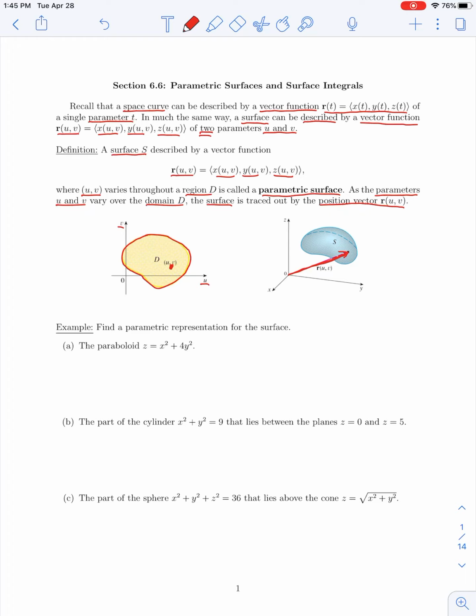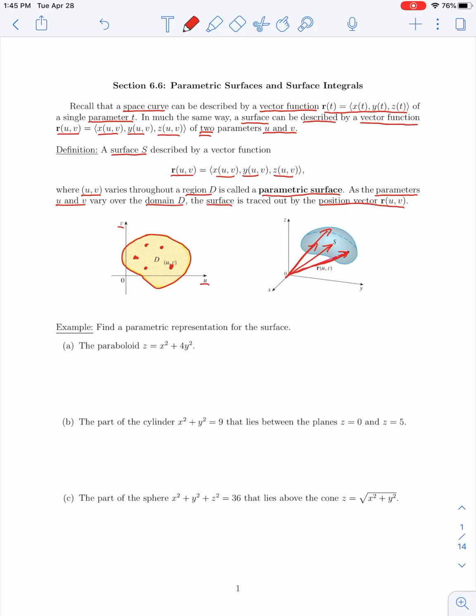So as I choose different points in this domain D, and I draw out the different position vector representations for the vectors I get by plugging those points into my vector function, I get different points being traced out over a surface S. So these parametric surfaces are useful in describing certain types of surfaces which can't be easily described as the graph of a function of 2 variables.